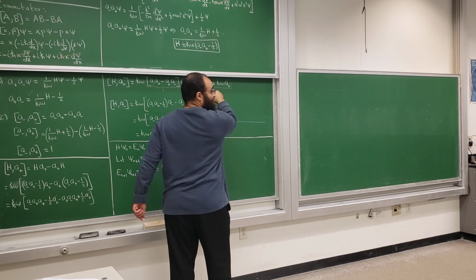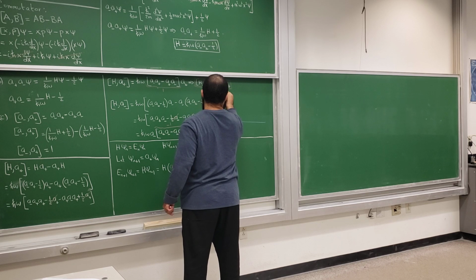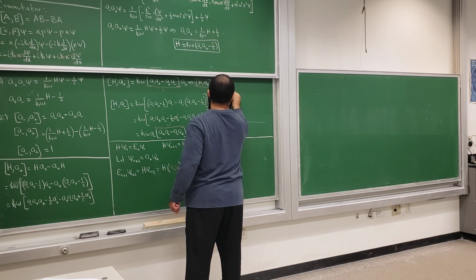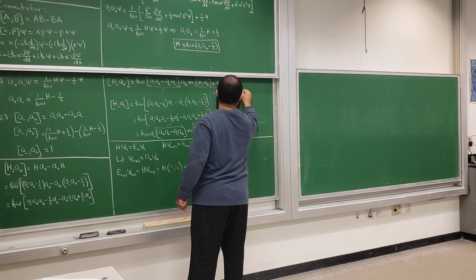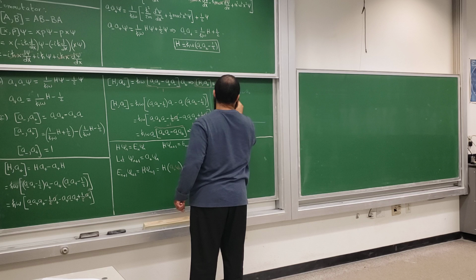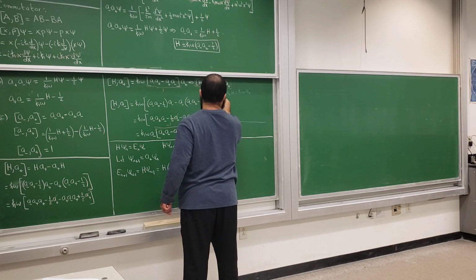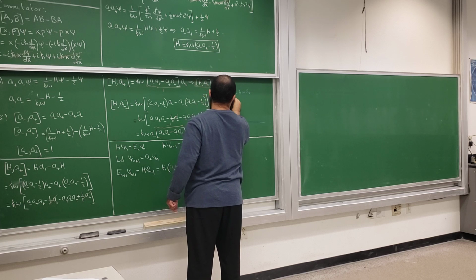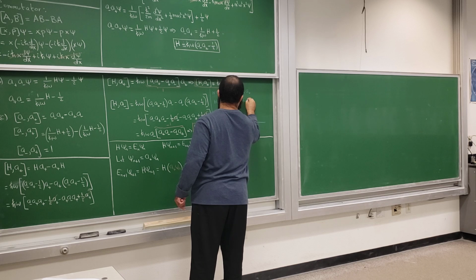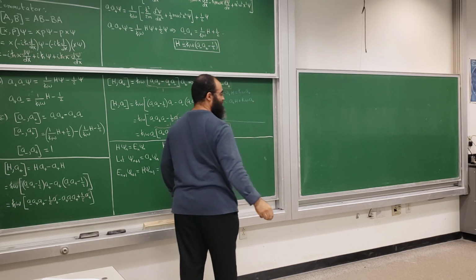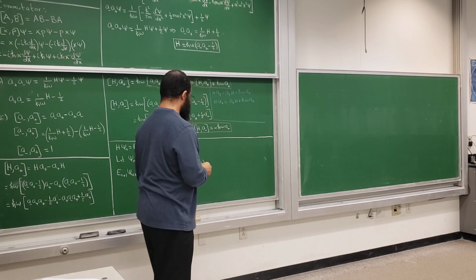I'm going to use this result, meaning H a plus minus a plus times H is equal to h bar omega a plus, and so H a plus is equal to a plus times H plus h bar omega a plus. Okay? So I have H a plus. I'm going to replace it by that.